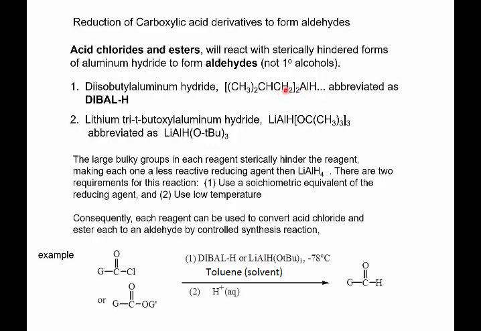And that steric hindrance is going to play a role in making this reduction happen the way that it does. The 2 isobutyl groups here, 2 large bulky groups, and the 3 tertiary butoxy groups. Those are all big, bulky groups.